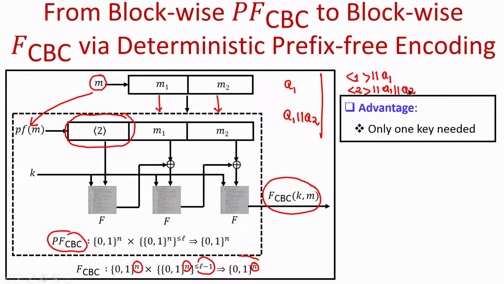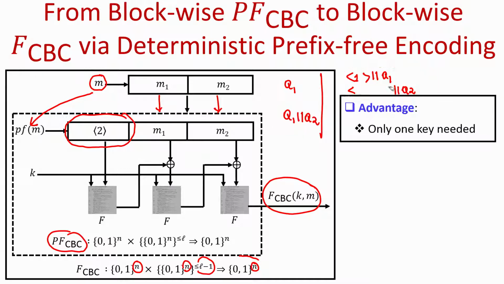And hence he cannot launch the attack that we had seen when we discussed the insecurity of the blockwise prefix free secure PRF, because even though he is making queries which constitute a prefix free set, basically those queries are converted into another set of queries which is not a prefix free set, and from the viewpoint of the adversary it is now as good as interacting with a normal PRF. So, that is the overall idea of the security proof, but the formal details are indeed advanced in nature, and that is why I am skipping the details here.